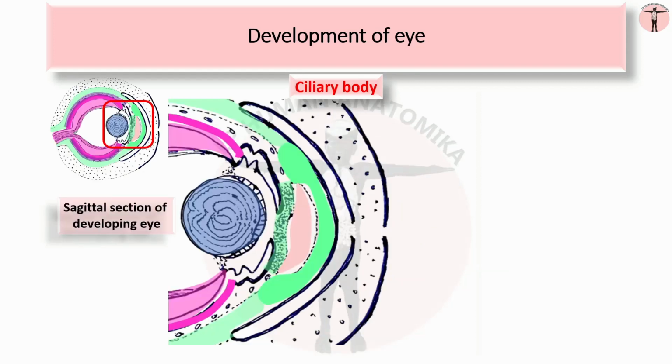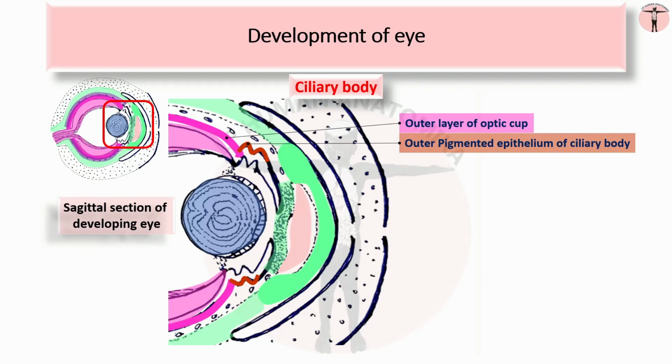The region of the outer layer of the optic cup develops into the outer pigmented epithelium of the ciliary body. This layer begins to form ridges late in the 3rd month.